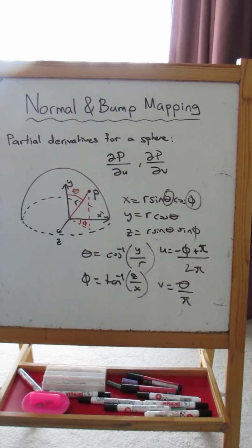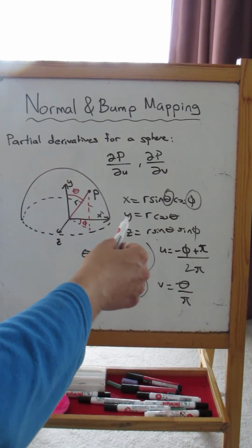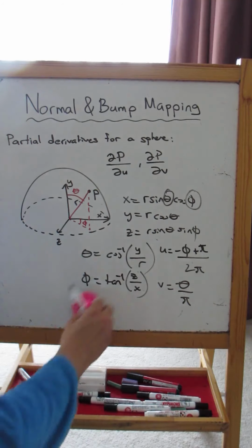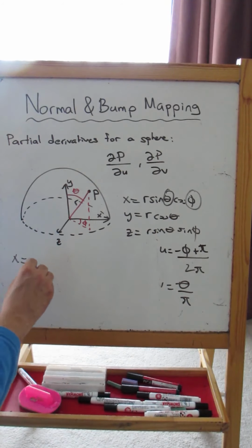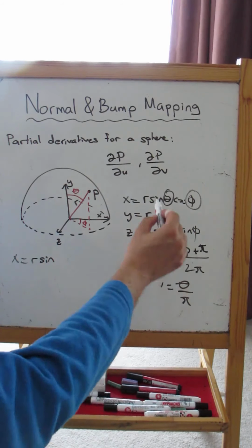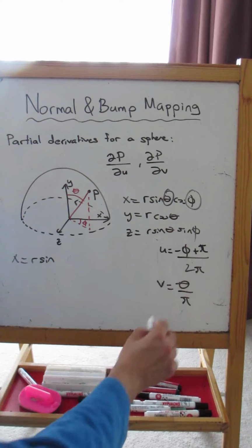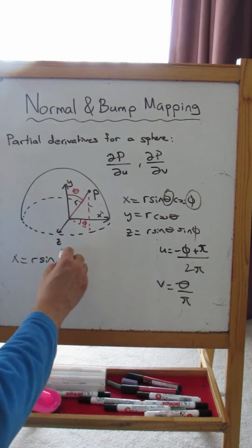Okay. Now from this formulation, you can rewrite the x, y, z as follows. We can write x is equal to r sin theta. Okay, so this was v. So what is theta? Theta is v times pi.